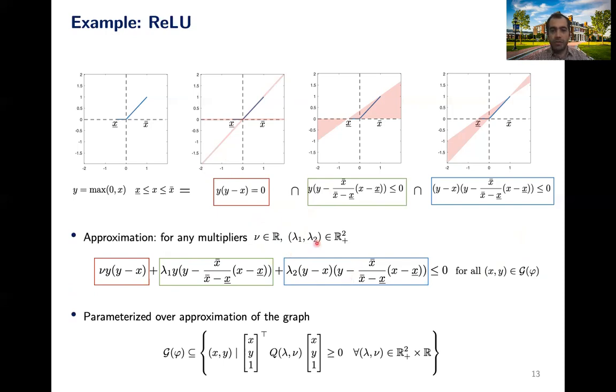Lambda1 and lambda2 are for inequalities, so we require them to be non-negative. Nu is for the equality constraint, and there is no restriction on the sign of nu.